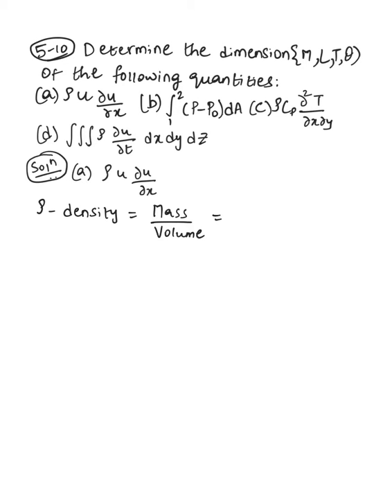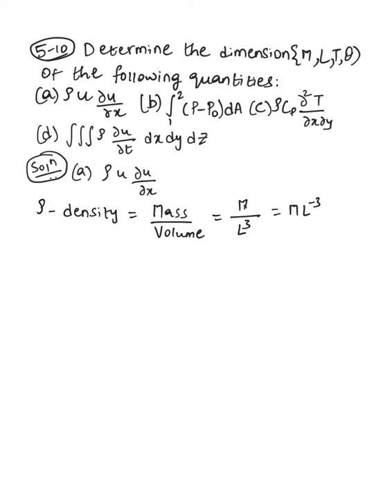Mass can be represented in terms of a basic dimension M, and volume means measurement of length in x, y, and z directions. So you are measuring it in 3 dimensions. That would be L cube. So this can be called M L power minus 3.